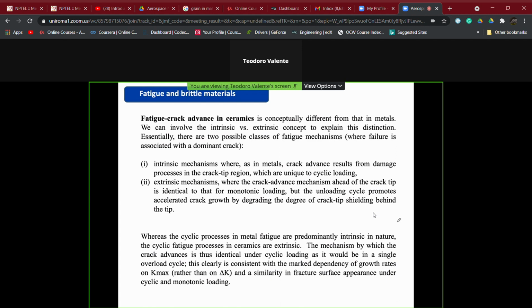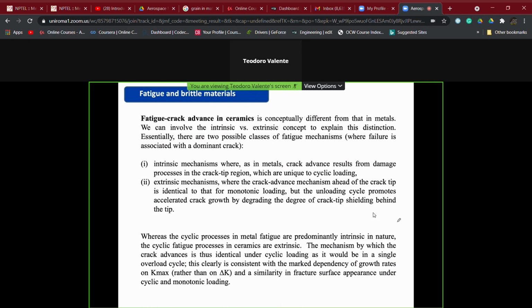In metal fatigue, the intrinsic mechanism is the most important, the predominant one. Whilst if we talk about brittle materials, the cyclic fatigue processes in ceramics are essentially extrinsic.